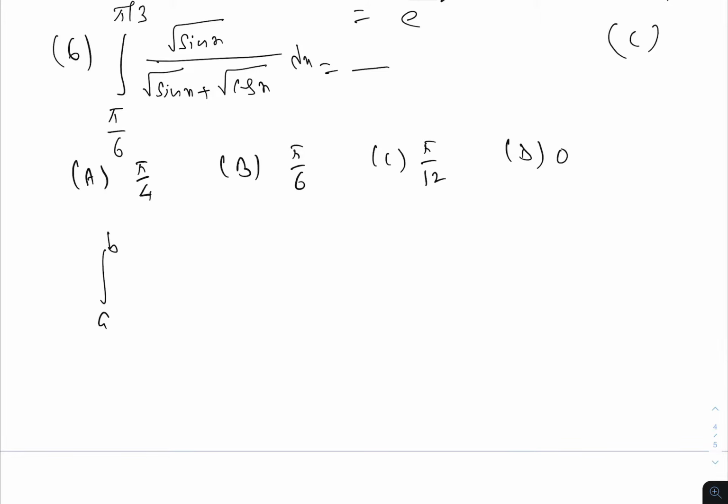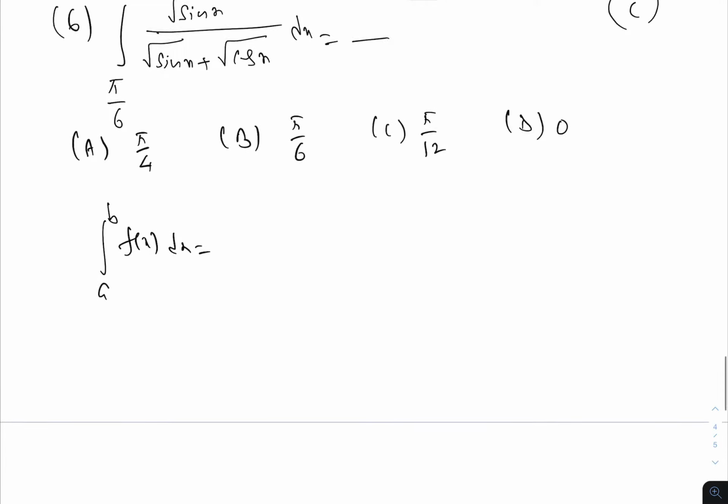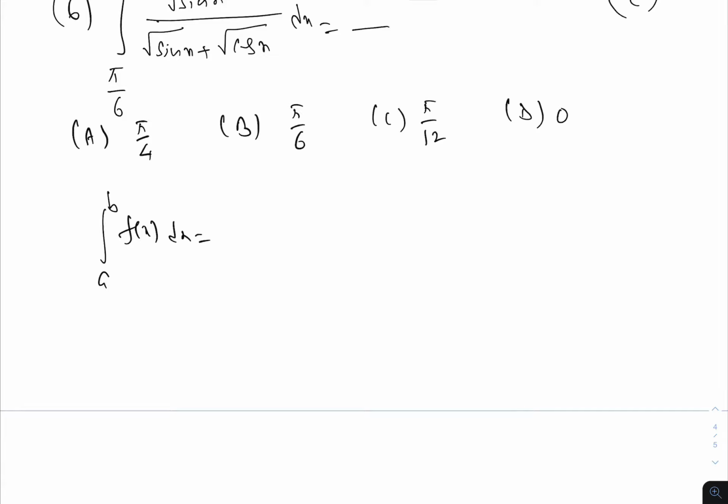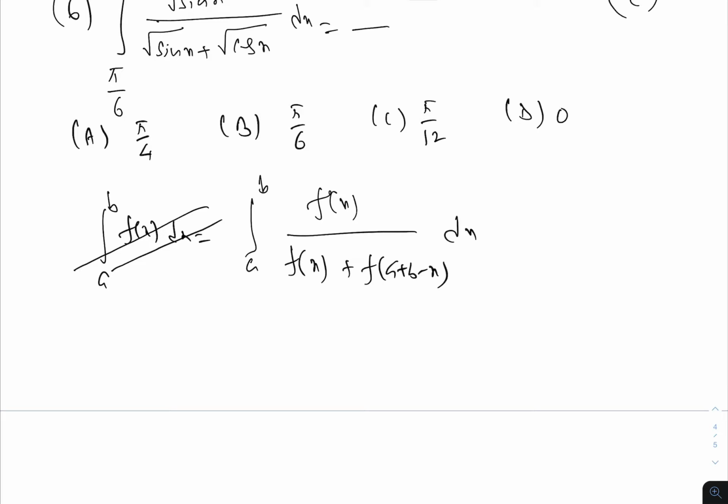The property is integration a to b f(x) dx equal to, if this integration is of this format, integration a to b f(x) over f of x plus f of a plus b minus x dx. See, if our integrand is like this, then the answer is b minus a by 2.